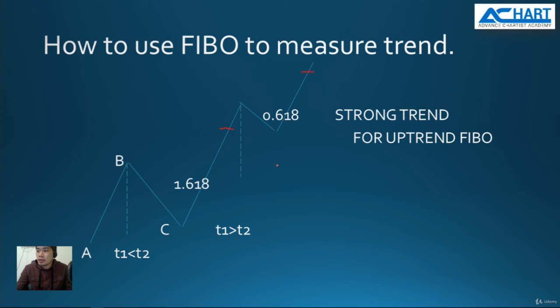Vice versa, when we measure the Fibonacci target, first the target is 0.618, then it becomes harder, and sometimes it does not achieve its target. That's where we can identify that the uptrend is becoming weaker. How about that?